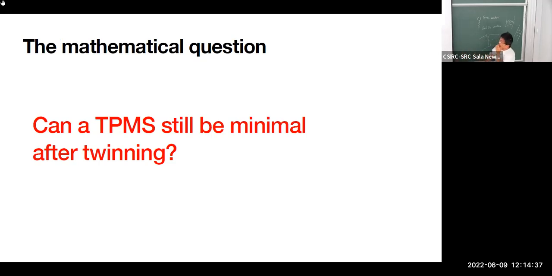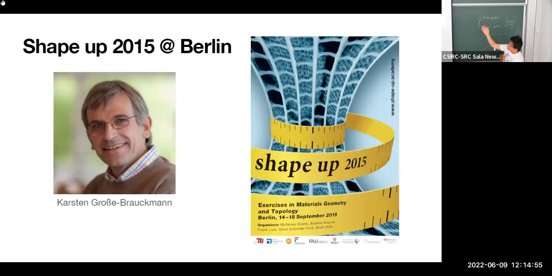And the mathematical question that arises from this problem is, can a TPMS still be minimal after I put a twinning boundary into it? So this is the question. Anyway, they didn't solve the question, but they went to a conference presenting a model, a picture where they just smooth the boundary.